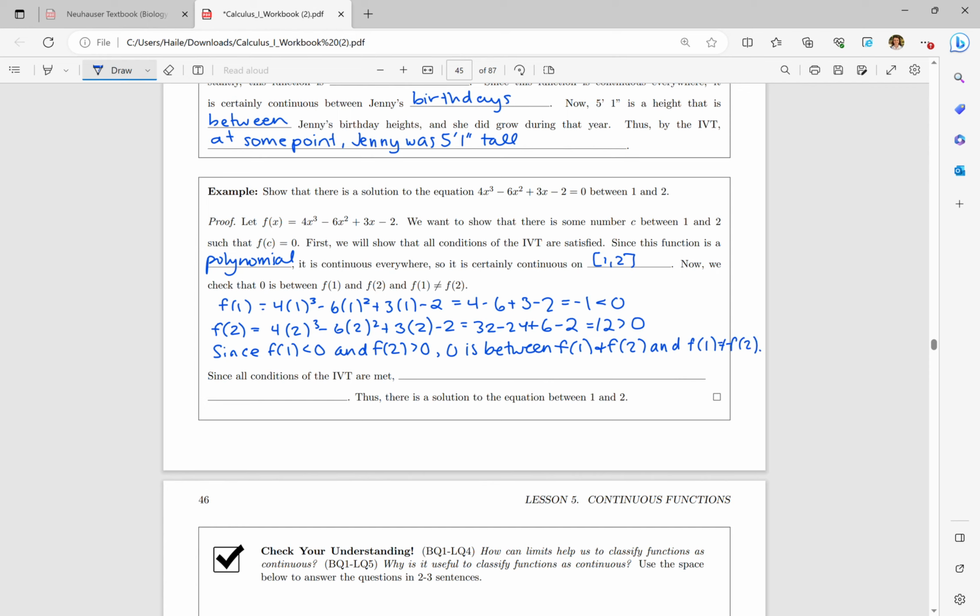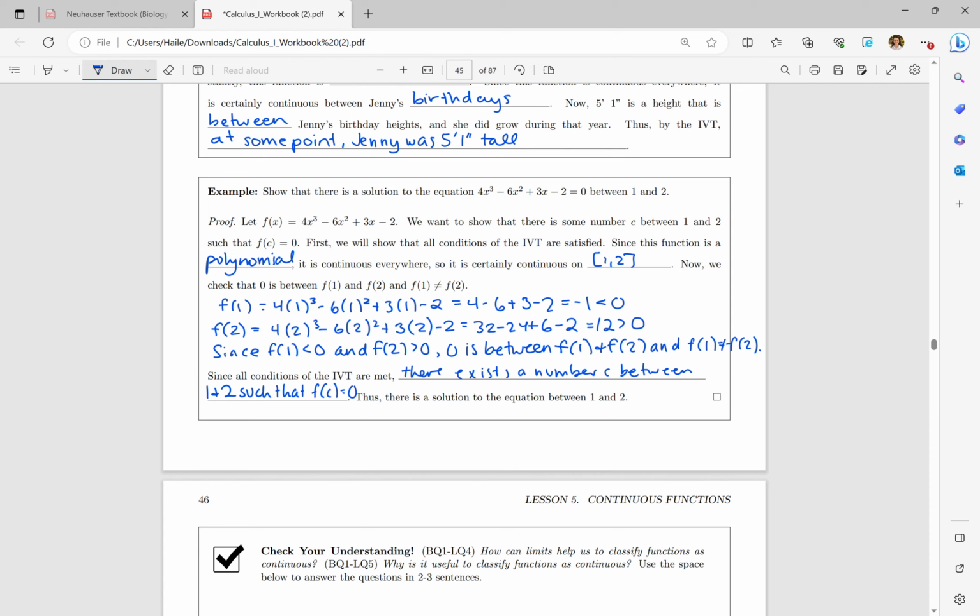Okay, so we've shown all of the conditions of the IVT are met. So there exists a number c between 1 and 2 such that f of c is equal to 0. Thus, there is a solution to the equation between 1 and 2.